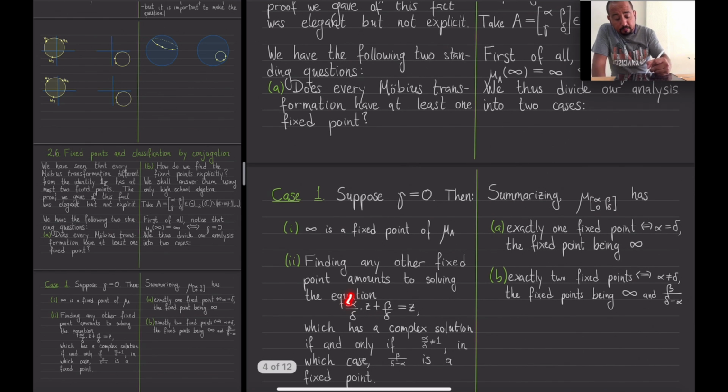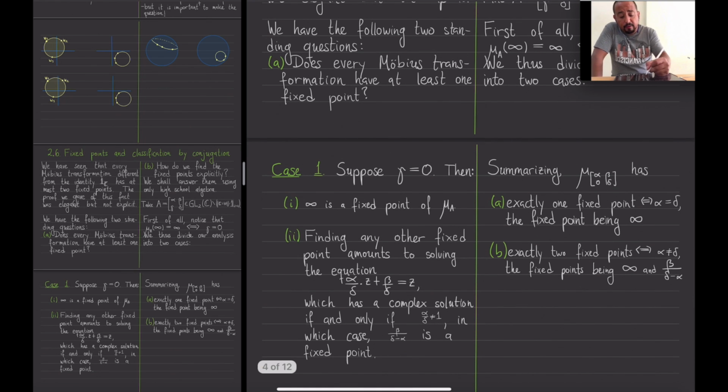Okay, so if this is 1, then this cancels with z, and then there is no solution, right? Because beta is not 0. Okay, and if it's not 1, then we just solve for z and see that this one is a root of the equation, and hence it's a fixed point, right?